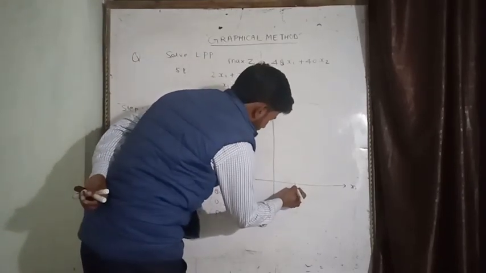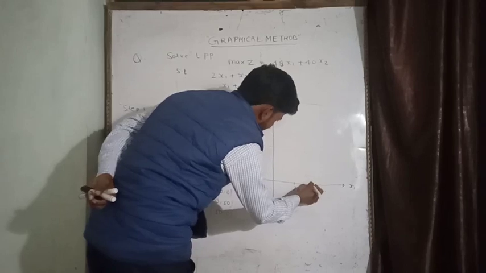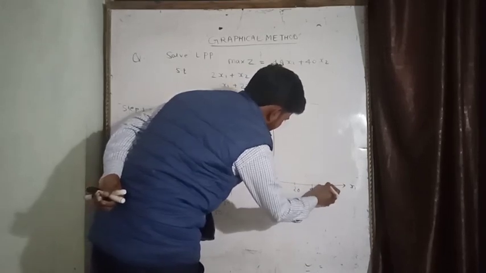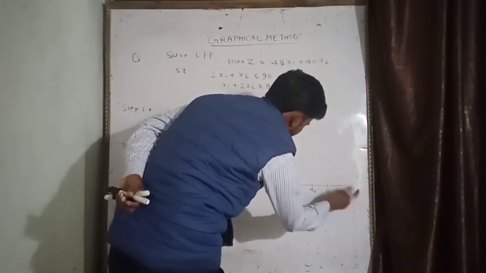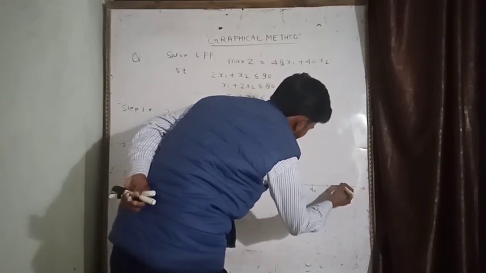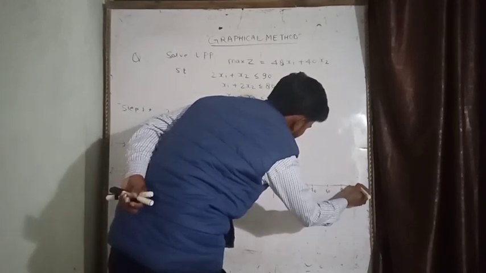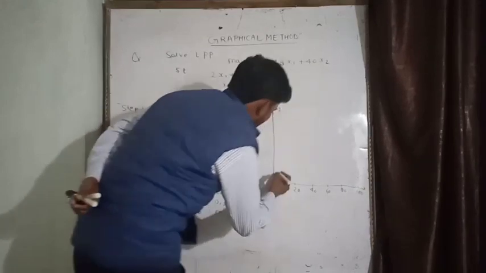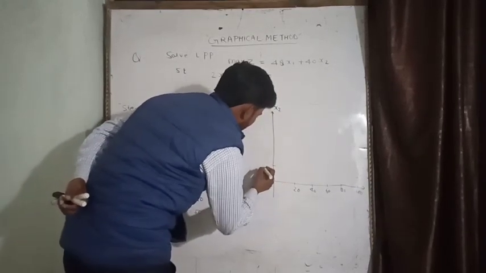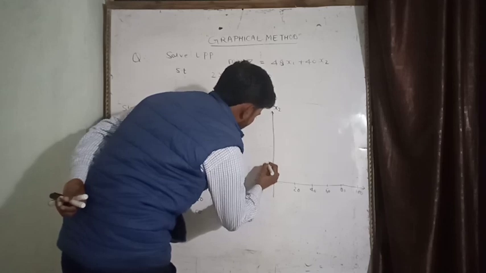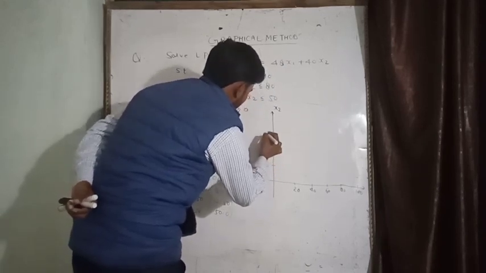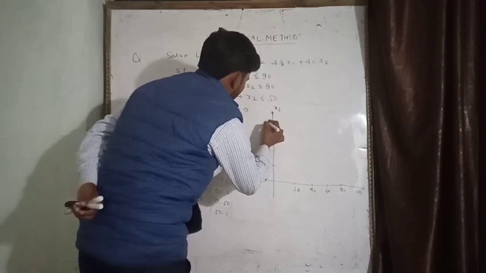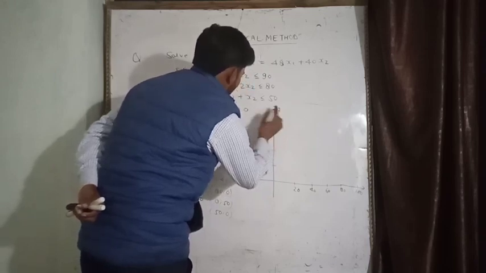So this becomes 20, this becomes 40, this becomes 60, this becomes 80, and this becomes 100. Similarly on the x2 axis, this is 20, this is 40, this is 60, this is 80, and this is 100.